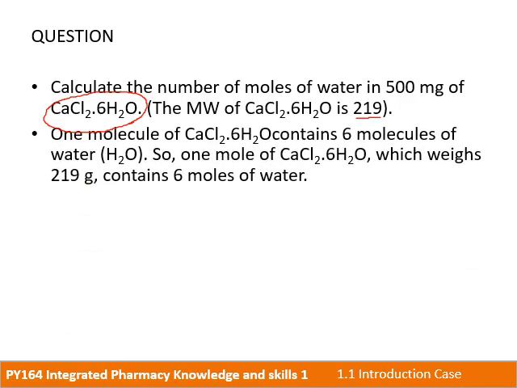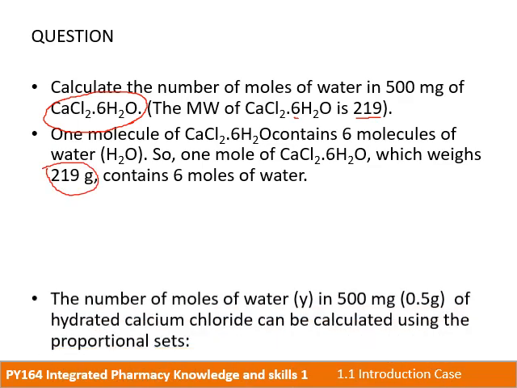So we know that 1 molecule of calcium chloride that's been hydrated contains 6 molecules of water, because that's in our formula there. So 1 mole of calcium chloride, which weighs 219 grams, because that's the molecular weight, contains 6 moles of water.